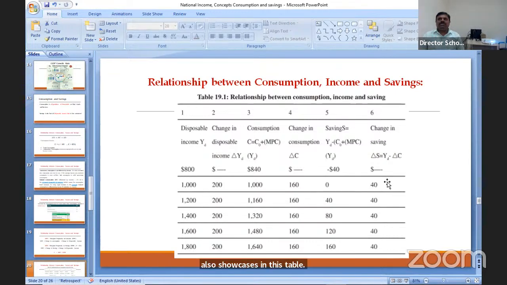So what is the change in savings? It also remains the same at every stage. Is this? So in this way, we can narrate or explain that table in our exam also, which is not very difficult. Just showcase the change in income, then change in consumption, then change in savings and other things also. Okay, just keep the values in constant mode.